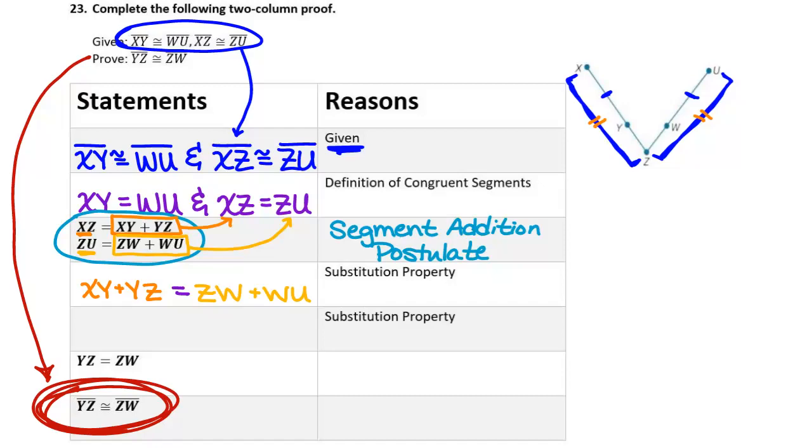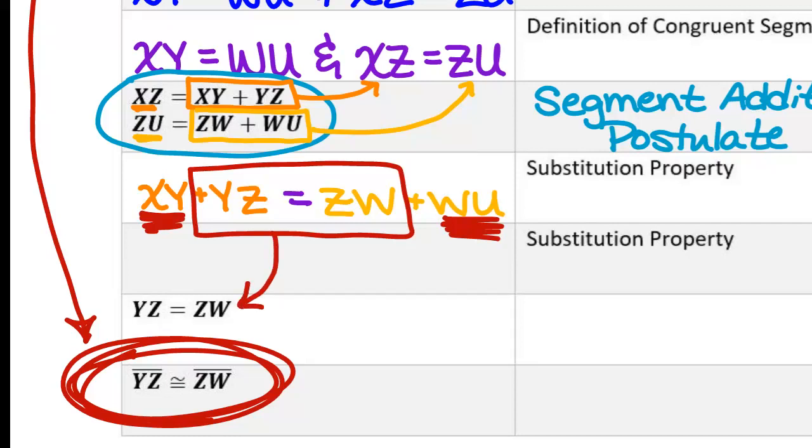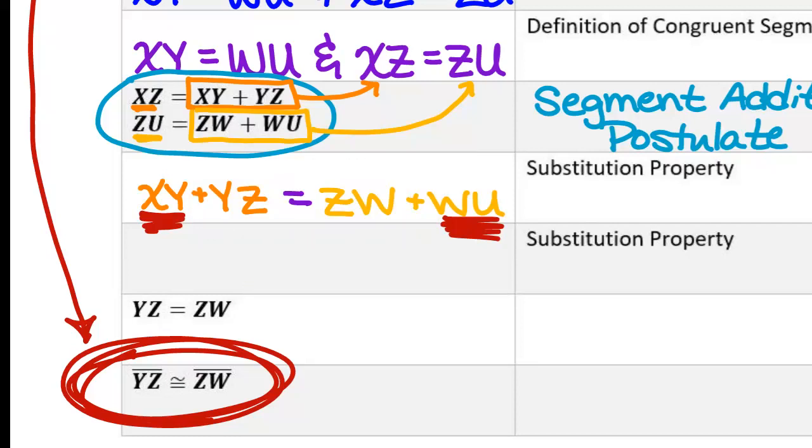And now what I want to do is I want to get rid of the XY and the WU so that I just have this part left, because that's what I have right here. What allows me to get rid of things? What operation lets me get rid of stuff? Subtraction.